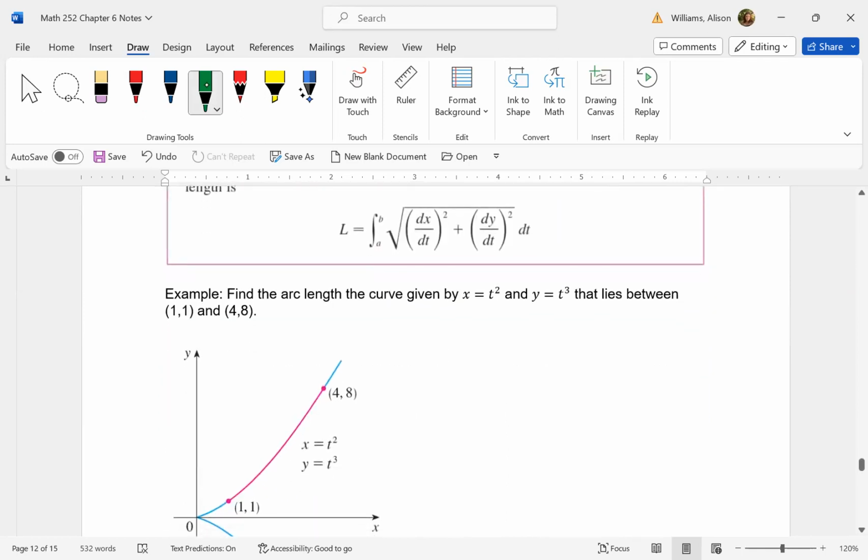Okay, so let's go ahead and look at this example here. Let's find the arc length of this curve given by x equals t squared and y equals t cubed. Just really quick, I want to show you how the parametric equations work. When t equals 0, x would be 0 and so would y. So this point right here would represent t equals 0.